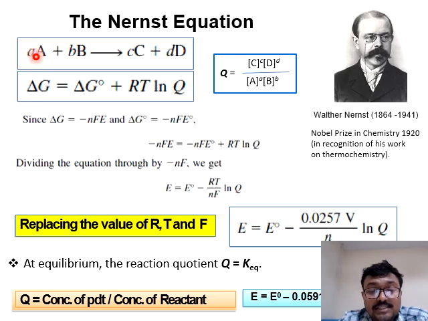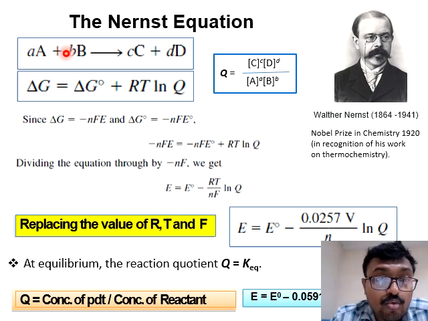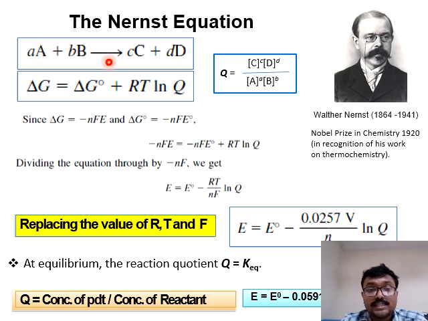Let's say this is one reaction, where small a is the number of moles of A reacting with b moles of B and producing c moles of C and d moles of D. Then the reaction quotient will be the concentration of C to the power c into the concentration of D to the power d, divided by the concentration of A to the power a and the concentration of B to the power b. So the Nernst equation is E equal to E0 minus RT by nF ln Q. That is the Nernst equation.